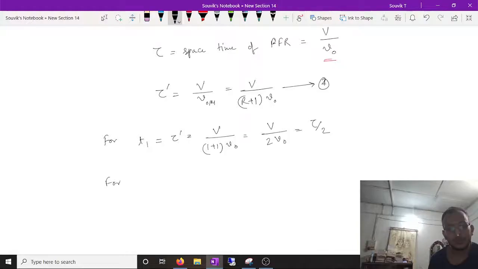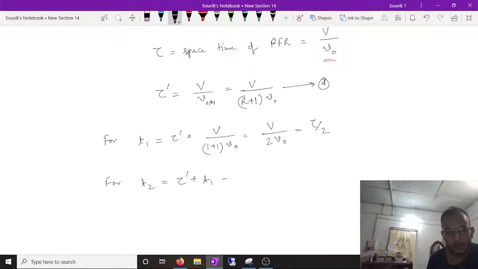Similarly, for T2 we have tau dash plus tau by 2. Why? Because after T1 has elapsed, another tau dash gets added to it, because the stream is being recycled.